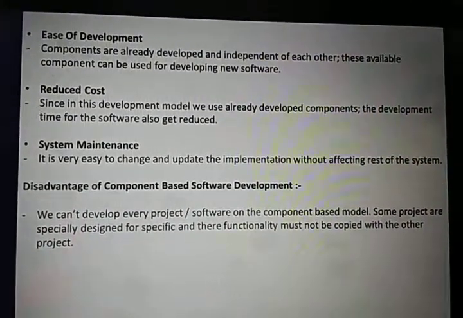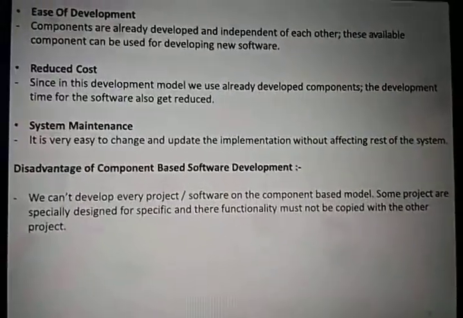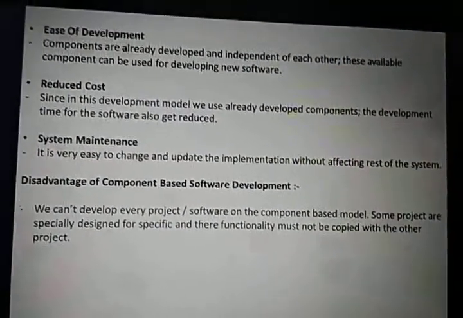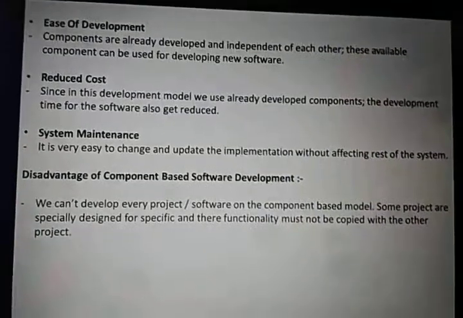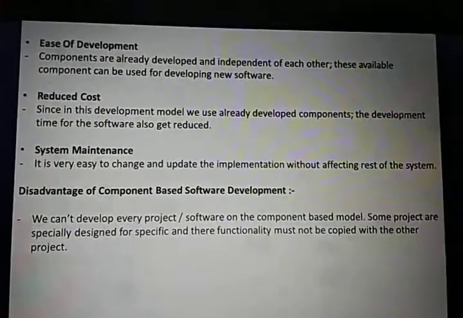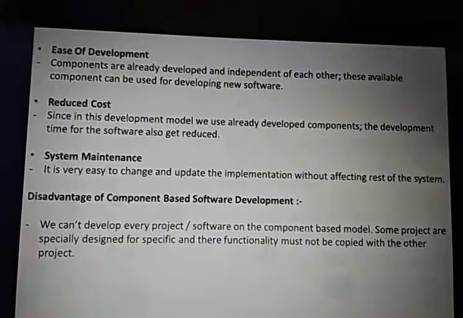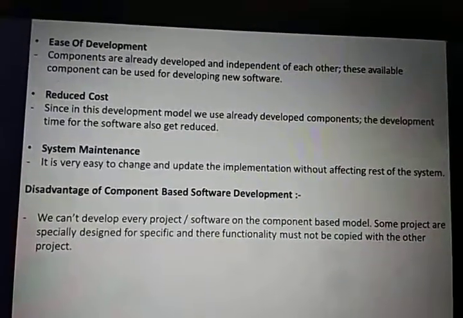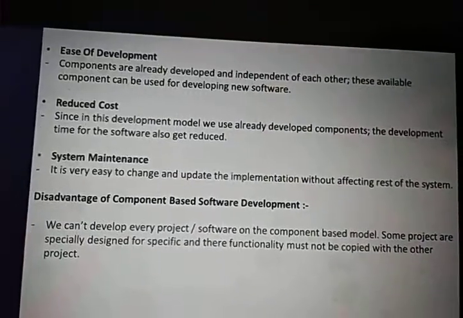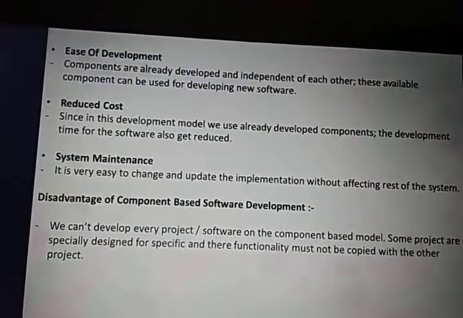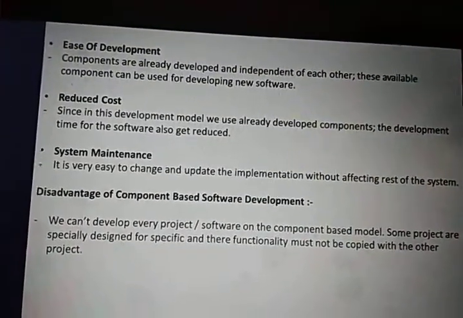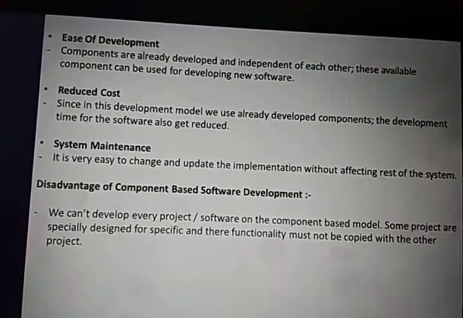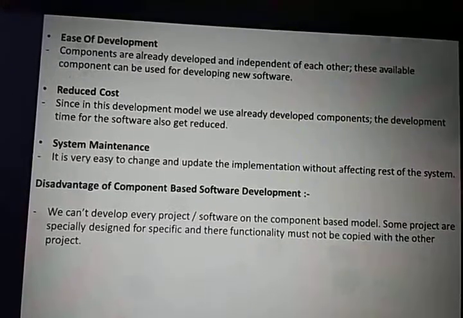Instead of doing requirement gathering, designing, implementation, testing, deployment and maintenance, I will use my components, add them, and give them to you in the form of software. It's very easy to develop, and cost is reduced since it takes very little time and fewer phases.